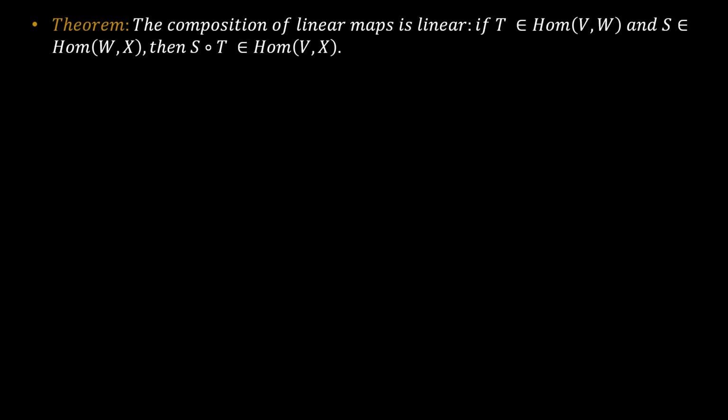In other words, if you're nesting one linear map with another, the result of that nesting is linear. That is, if T is a member of the homomorphism of V in W, and S is an element of the homomorphism of W to X, then ST, the composition of S and T, is an element of the homomorphism of V to X.